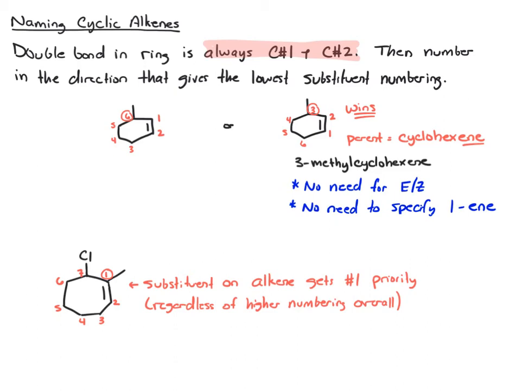So now we have our parent, which is going to be cycloheptene, and we have a substituent, the 7-chloro, and the 1-methyl. So putting this together, we alphabetize our substituents and follow that by the parent. And we end up with 7-chloro, 1-methyl, C comes before M alphabetically, and cycloheptene as the parent.